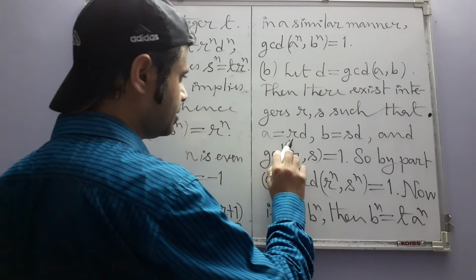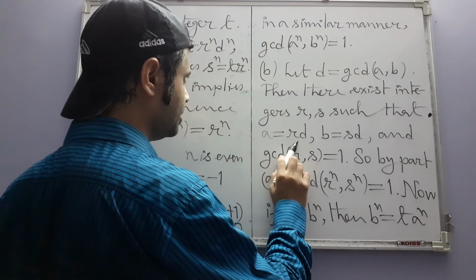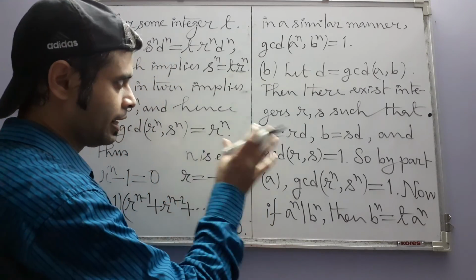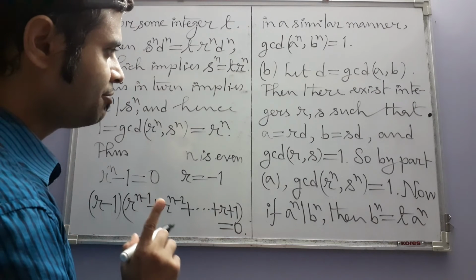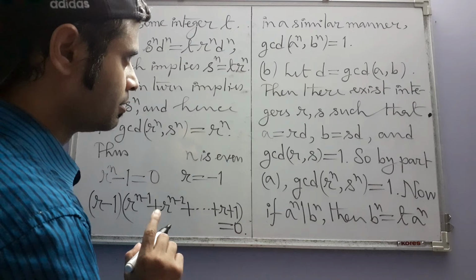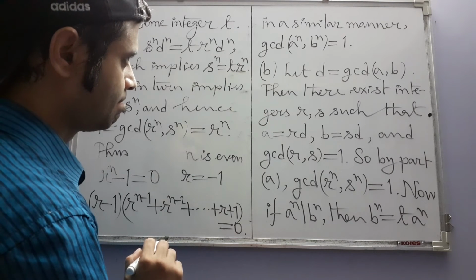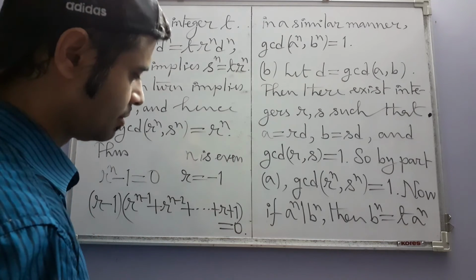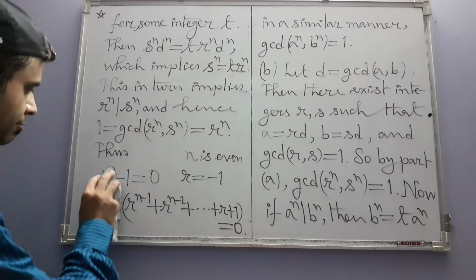If R is plus 1 or minus 1, that means A is plus D or minus D, as opposed to A being just equal to D, as we have in the hint. Now, if A is plus D or minus D, the solution won't have any problem.